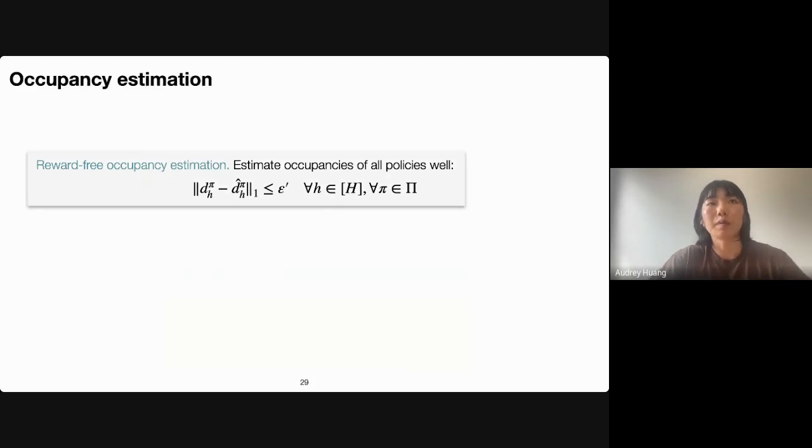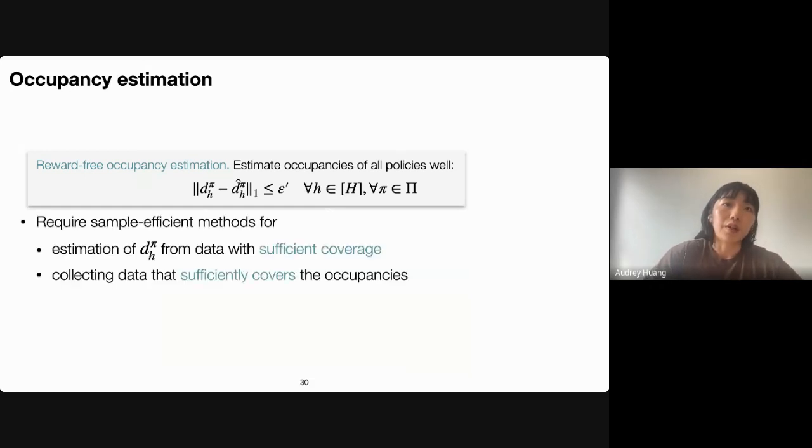And so the meat of the problem is in how we can estimate the occupancies uniformly well in an online manner. There are two components for doing this. We need sample efficient methods for estimating occupancies d_h^pi from data with sufficient coverage, as well as collecting data that will sufficiently cover the occupancies.